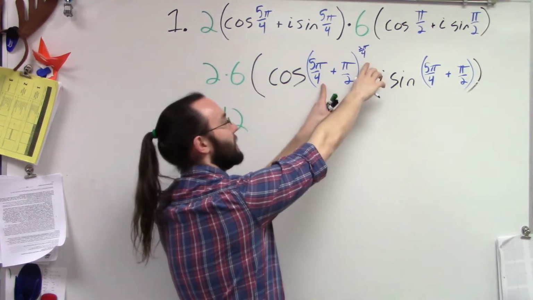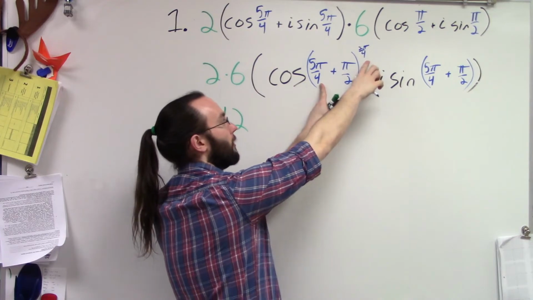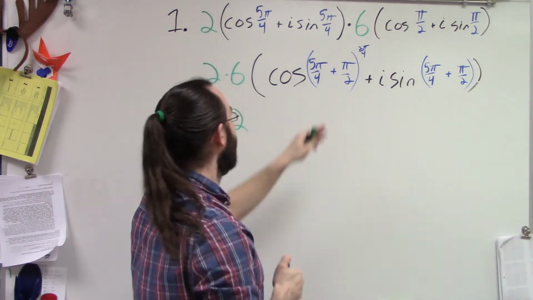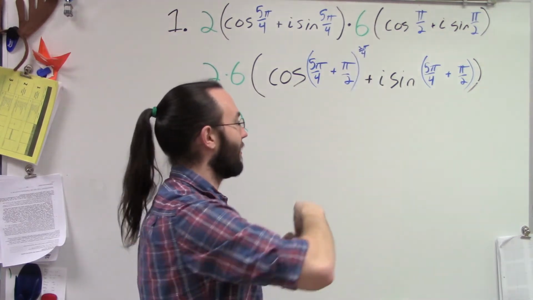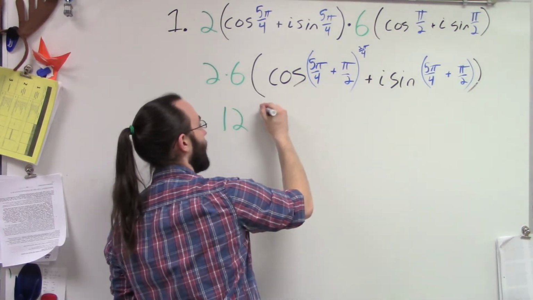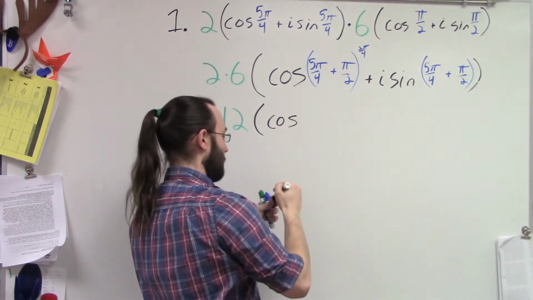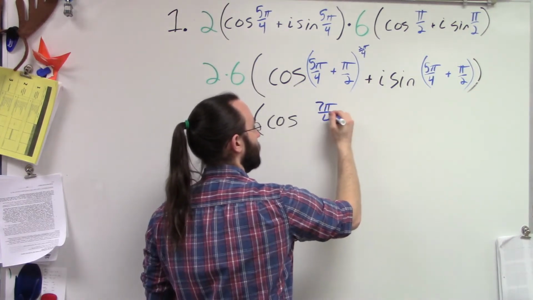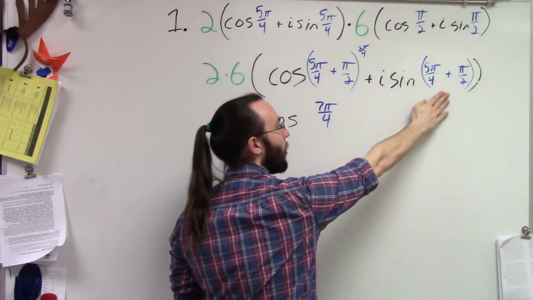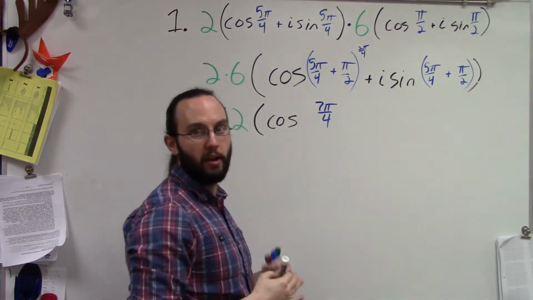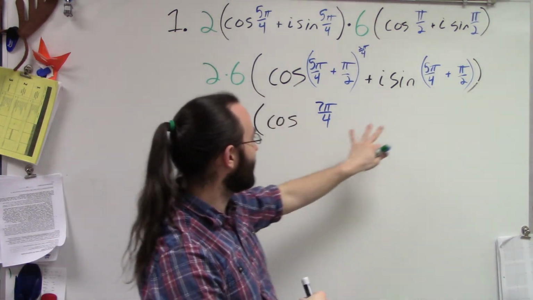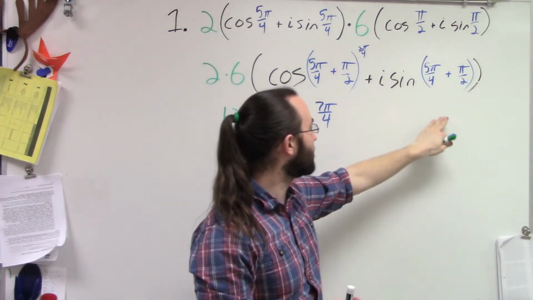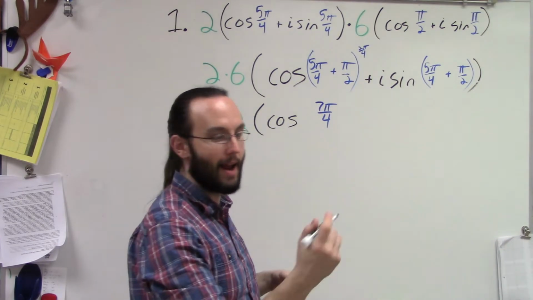And now we can add these together. 5 pi over 4 and 2 pi over 4 do have common denominators, so 5 pi over 4 plus 2 pi over 4 will be 7 pi over 4. And then we'll get the same argument for the I sine part. So while it looks like there's really 3 things that we need to simplify here, it's really just 2, because the angle is going to be the same for both the cosine part and the sine part.